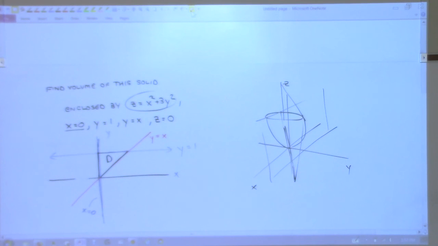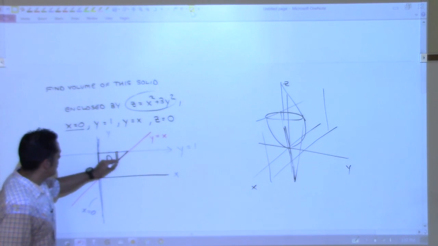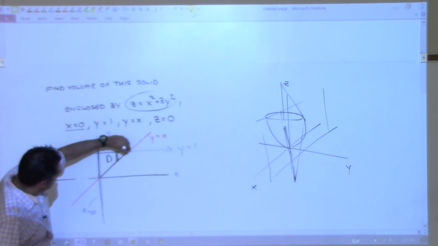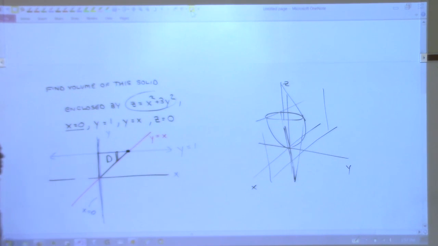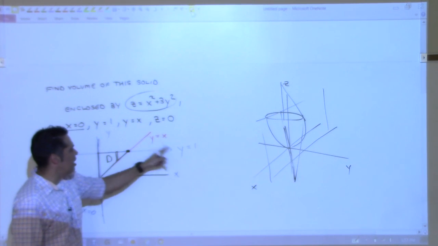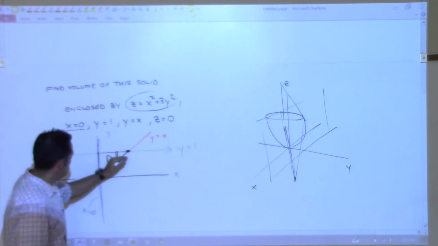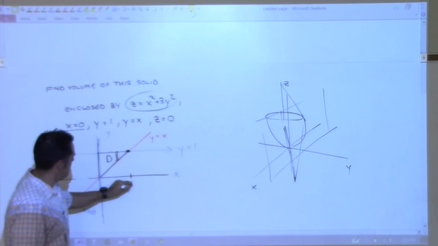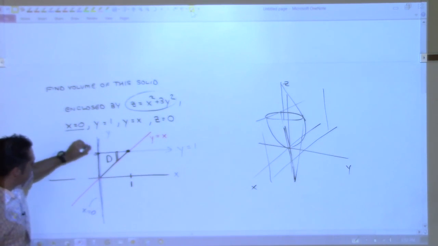Does that look like a type 1 or a type 2? It could be both. Let's go with type 1. If it's type 1, we need to figure out where these hit each other. So where do those hit each other? When this is equal to this, right? So set these y's equal to one another when x is 1. We know that this is 1.